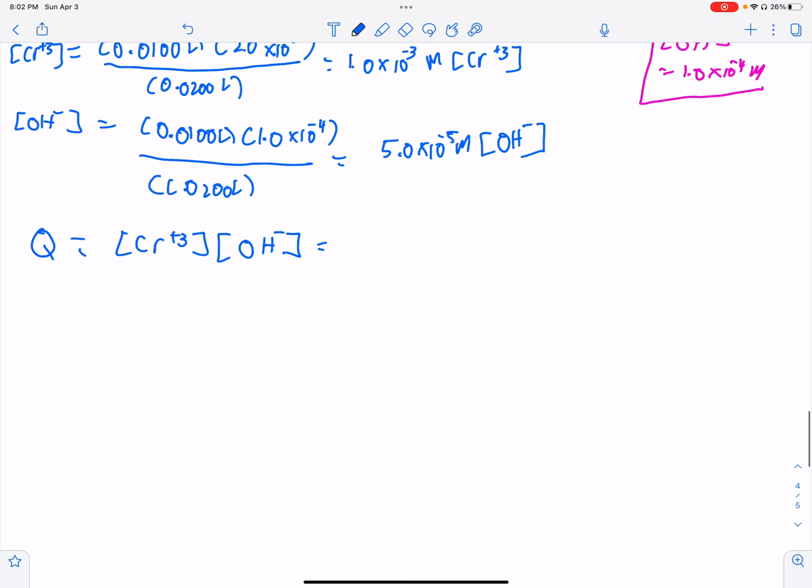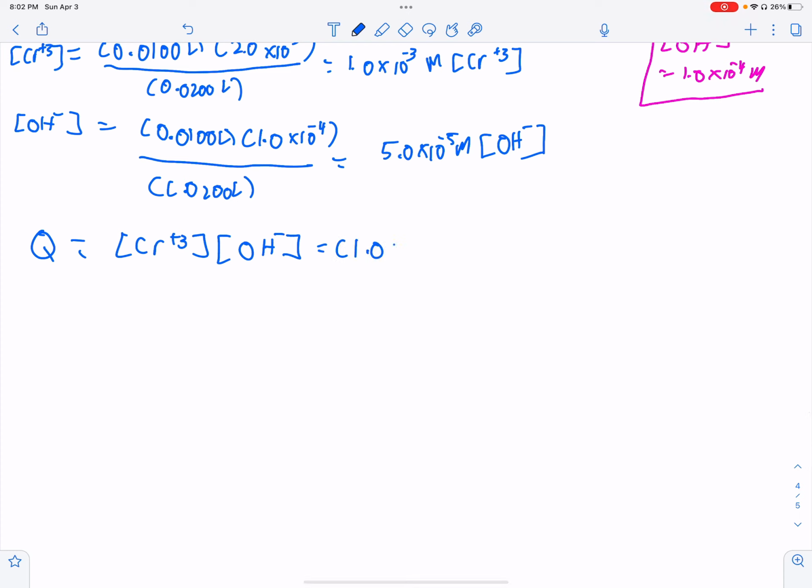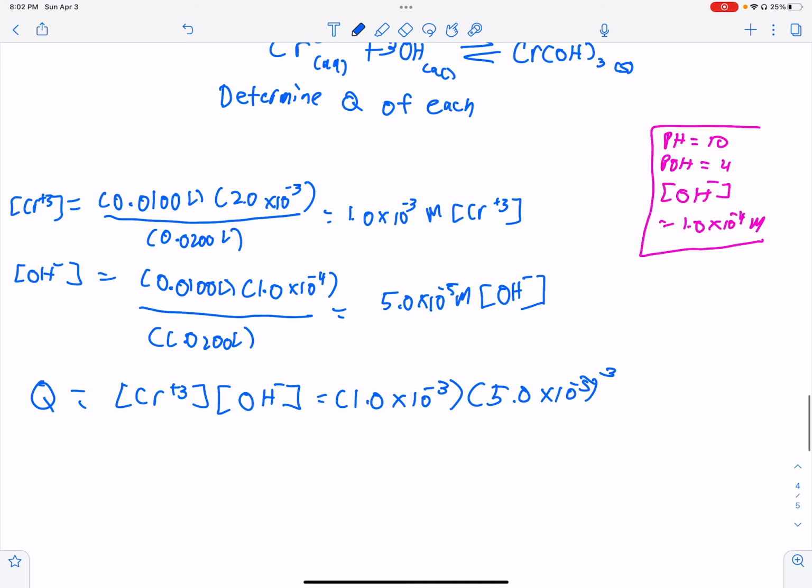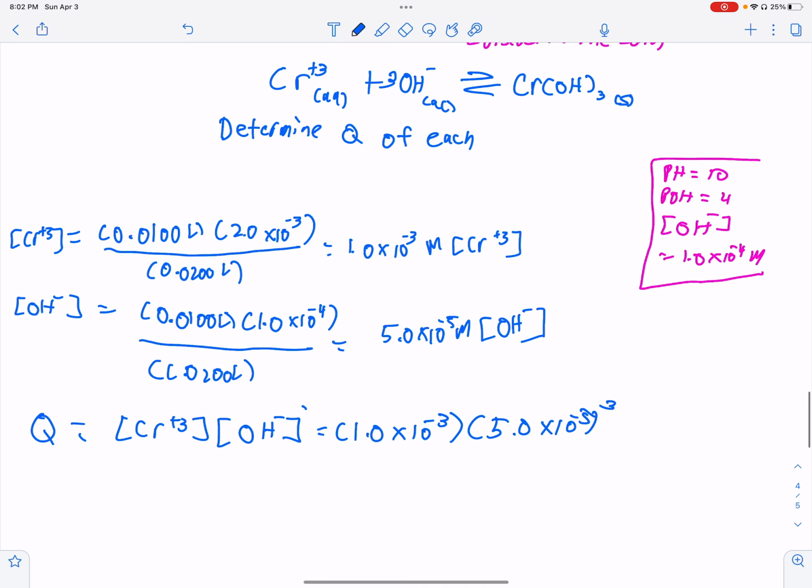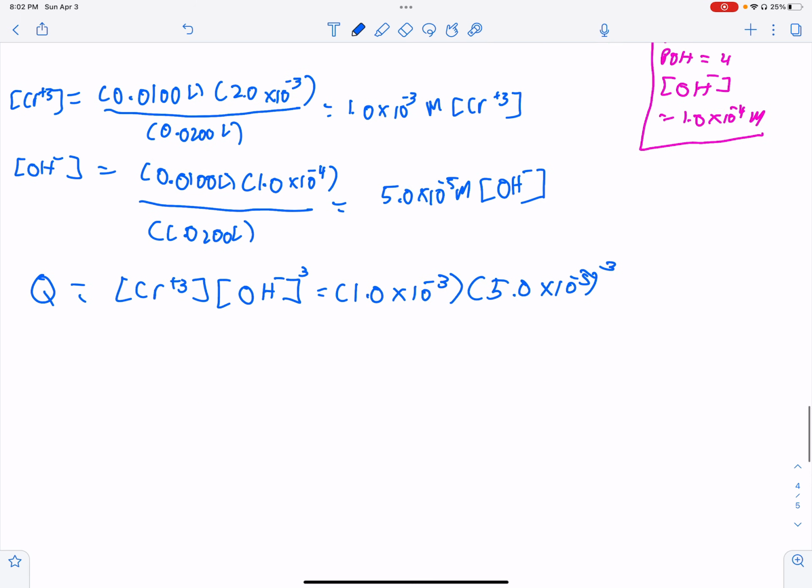So I'll plug in these numbers we just found. I found the chromium to be 1.0 times 10 to the minus third, the hydroxide to be 5.0 times 10 to the minus fifth. And I cube this, remember this should be cubed because we have 3 hydroxide ions. Whoops, I missed it over there. So 3 hydroxide ions, cubing that, we will find this to be 1.3 times 10 to the minus 16th.